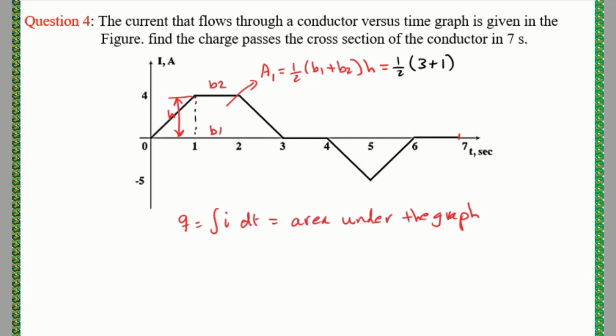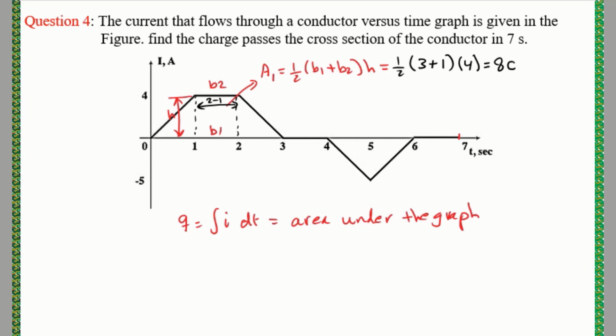It's from here to here. This is P2, from 2 to 1, 2 minus 1, it is 1. And the height of this shape is 4. So the answer is 8 coulombs.